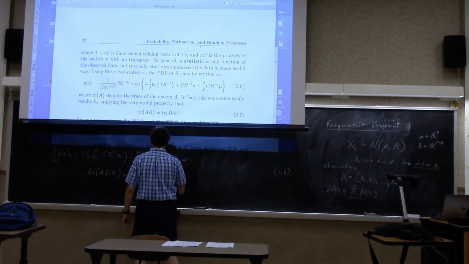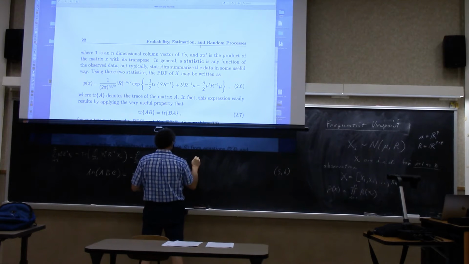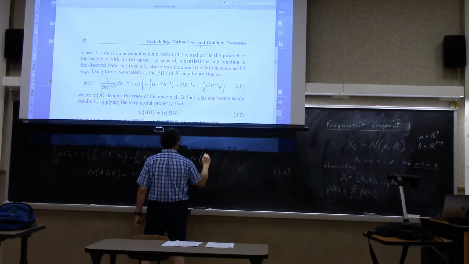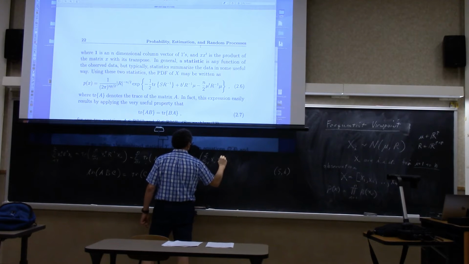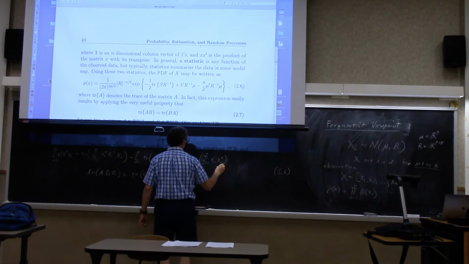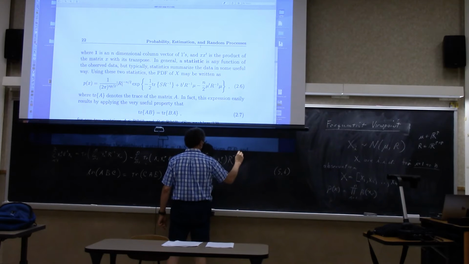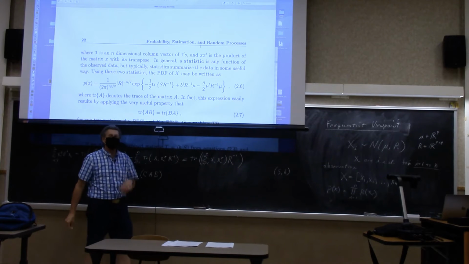I think this is partially the answer to one of the homework problems. Because I can take R inverse out of the sum.